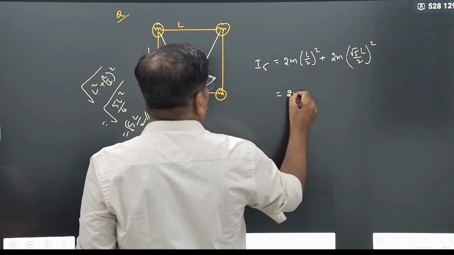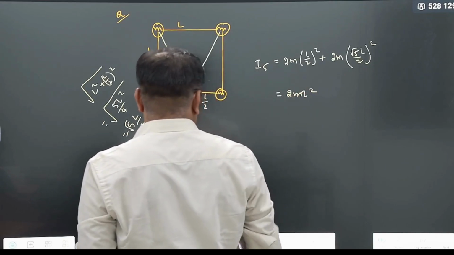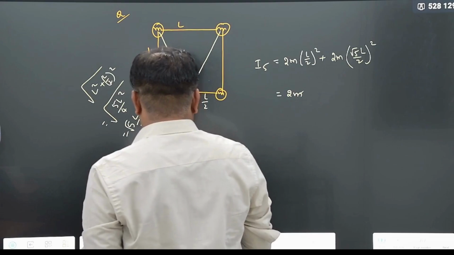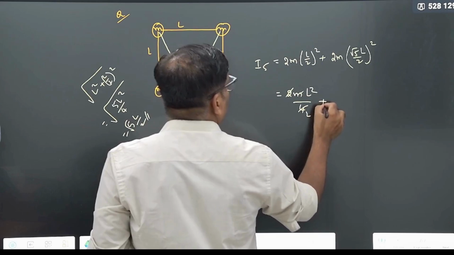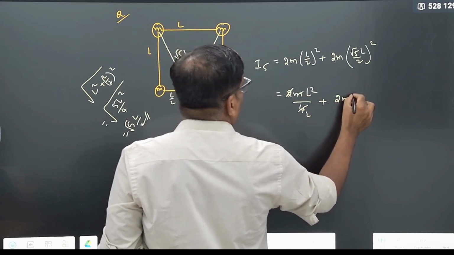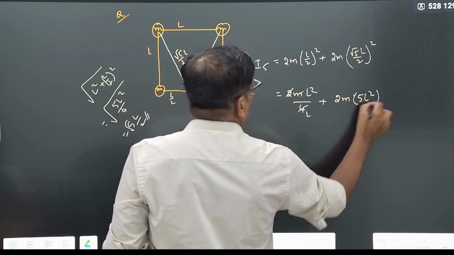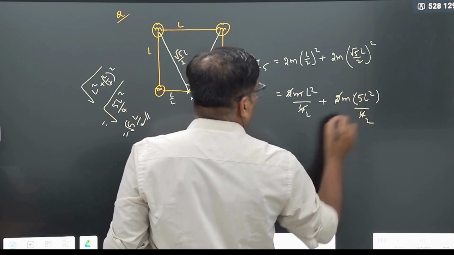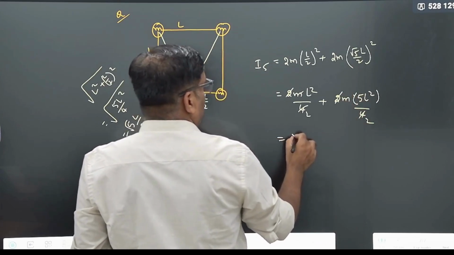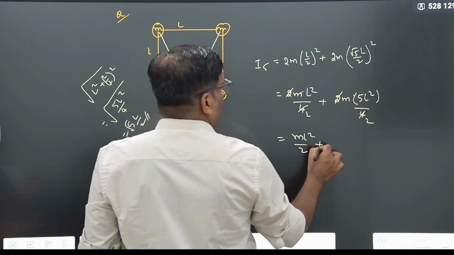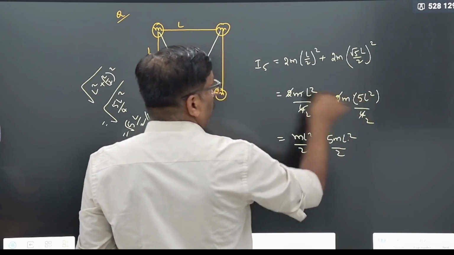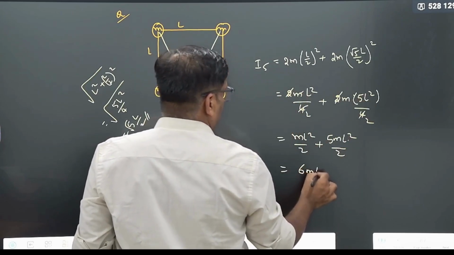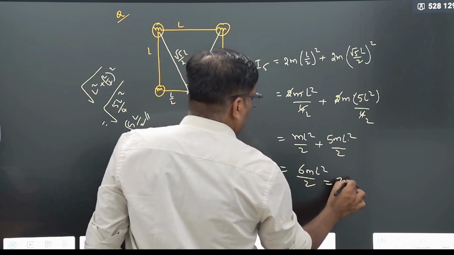Therefore 2m into L square by 4, plus 2m into 5L square by 4. Therefore what you can write it now? Here mL square by 2 plus 5mL square by 2. Clear? So 5 plus 1, 6mL square by 2, that is nothing but 3mL square.